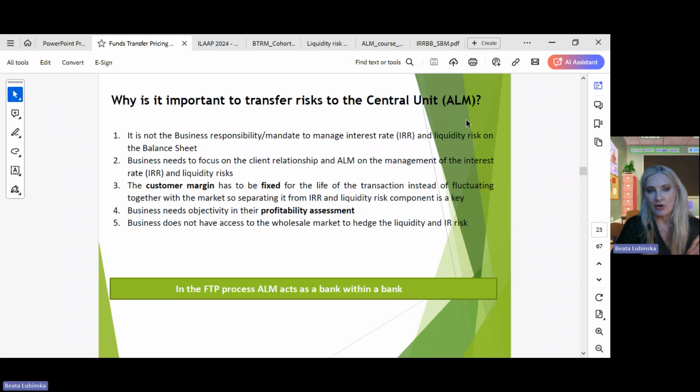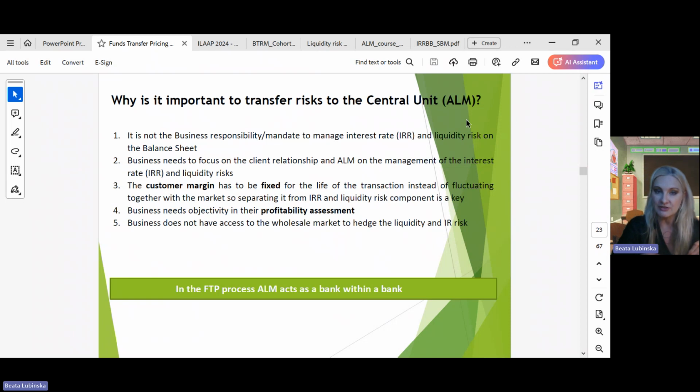Okay, let's summarize why it is important to transfer risk from the business unit to the central unit. There are several reasons for this. In this process, as already mentioned in the previous sessions, ILM acts as a bank within a bank.